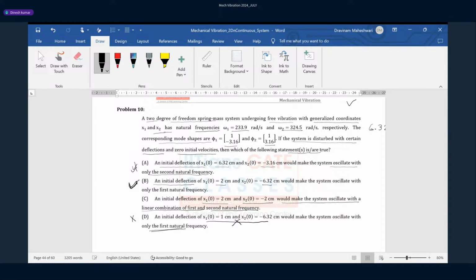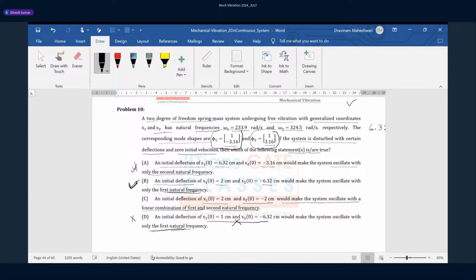Right? So this can be correct. Why can this be correct? Because guys, if the system vibrates only with first natural frequency you should get the first mode like this. If the system vibrates only with second natural frequency you should get this.